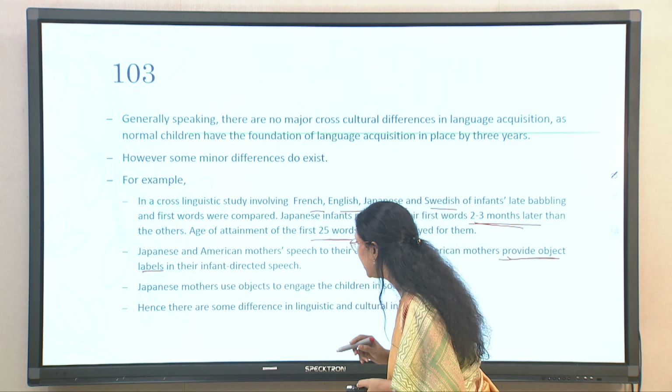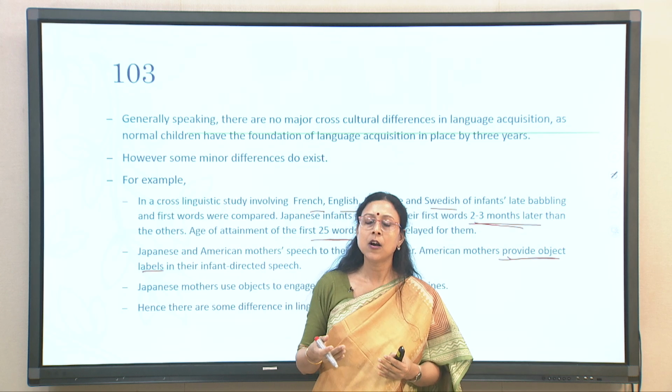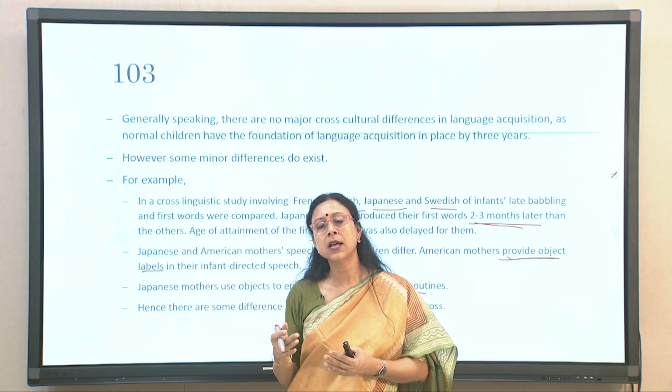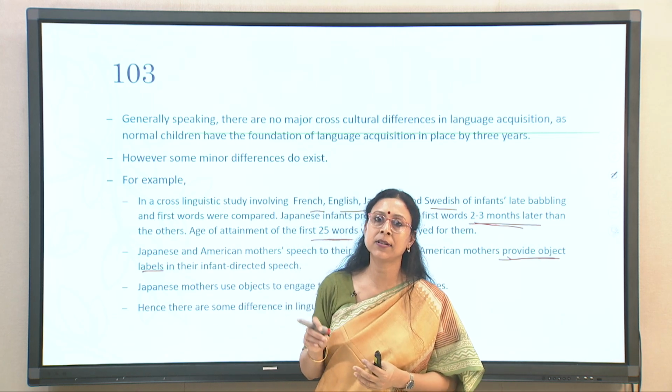On the other hand, Japanese mothers use objects to engage the child in social routines. The Japanese mothers do not really teach labels, but teach the children how that object is useful in a social scenario. So, they give the bigger picture on the one hand, but the American mothers first use the label for the objects and thereby children learn.